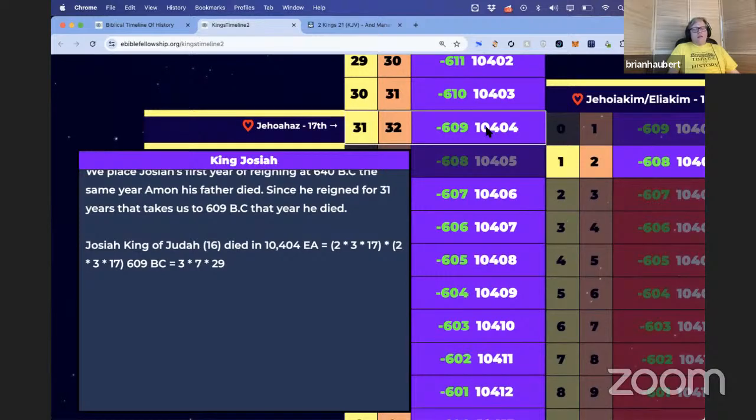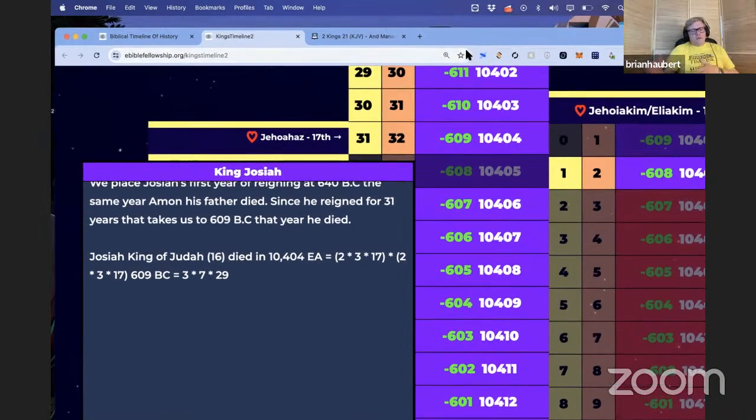And that kind of reminds me of one of the proofs that Mr. Camping talked about before May 21: the number of days inclusively from the cross to May 21, 2011 was 722,500 days, which is 5 times 10 times 17 times 5 times 10 times 17. Well, in this case, the year that he died was 2 times 3 times 17 times 2 times 3 times 17, which is a perfect square.